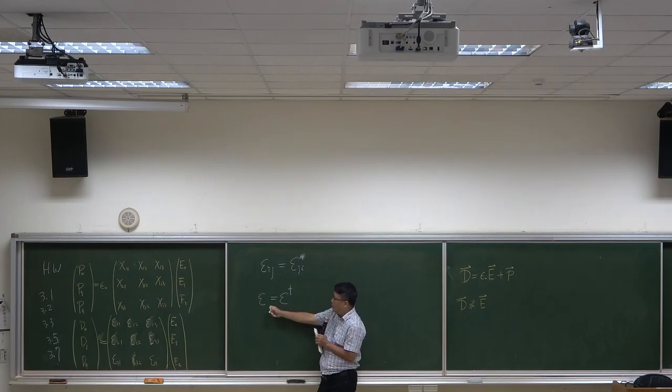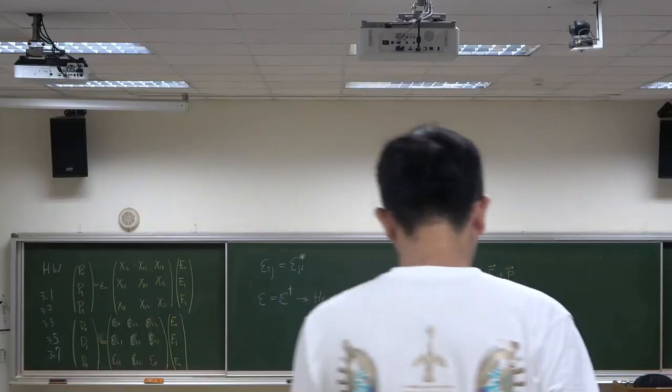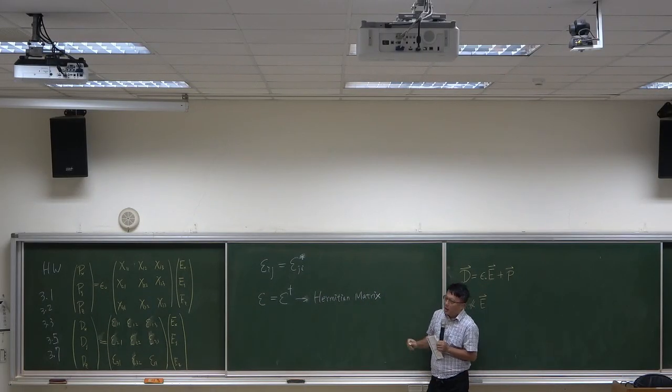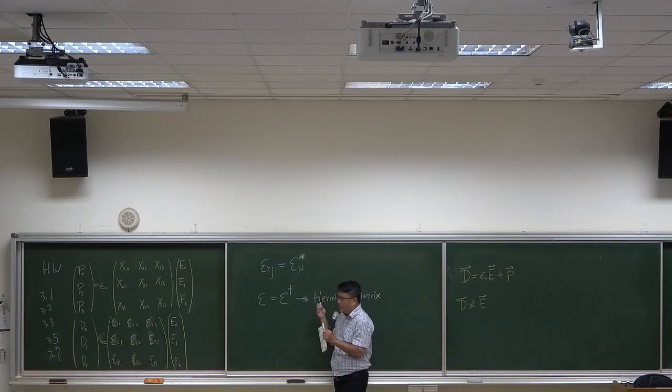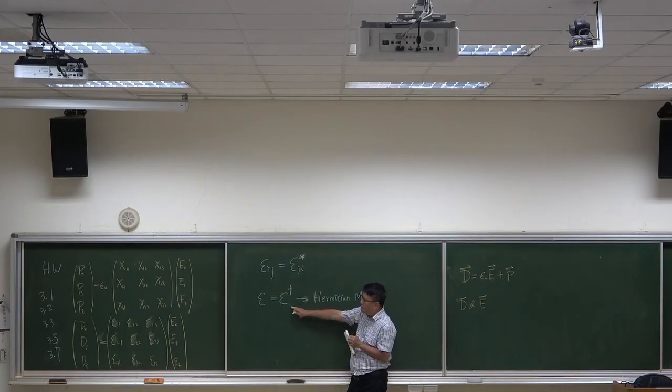Okay, so if epsilon is equal to epsilon dagger, then this matrix is called Hermitian matrix. Hermitian matrix has a very beautiful property that its eigenvalues are real and its eigenvectors are orthogonal to each other.